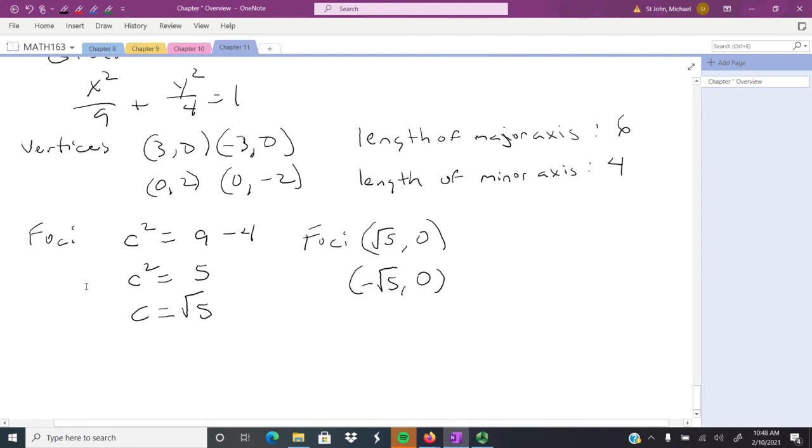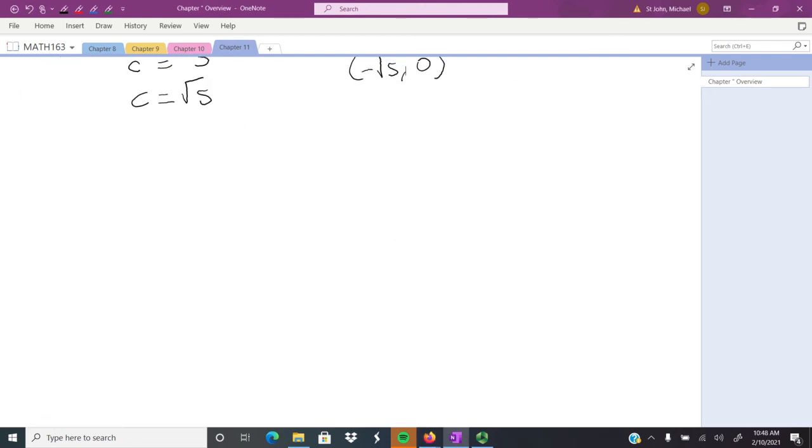And so then that leaves us with hyperbolas.